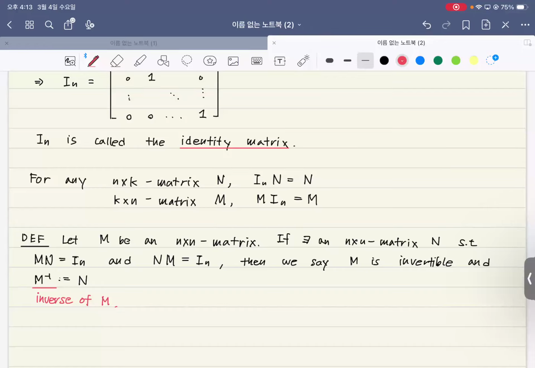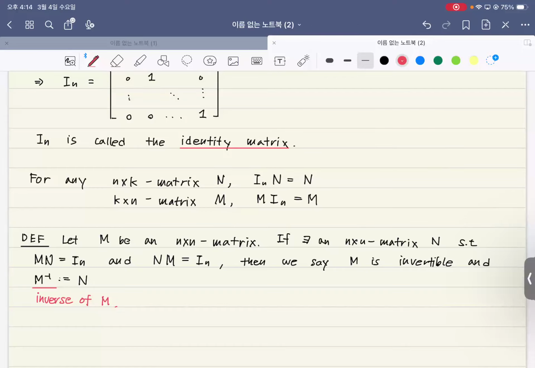Anyhow, if my matrix is invertible, a non-singular matrix, then technically, because of this definition, in order to make sure that N is the inverse of M, we need to verify these two equations. But in fact, just verifying one of these two equations will suffice.